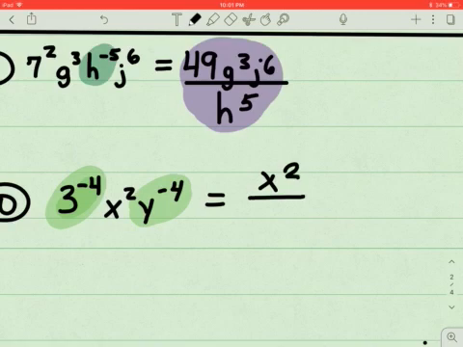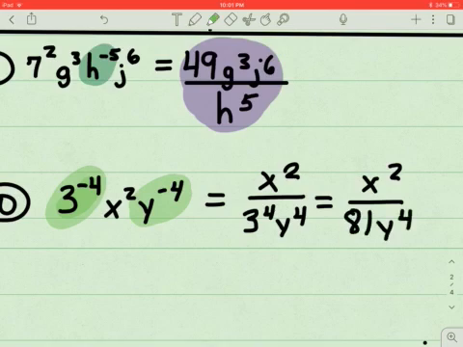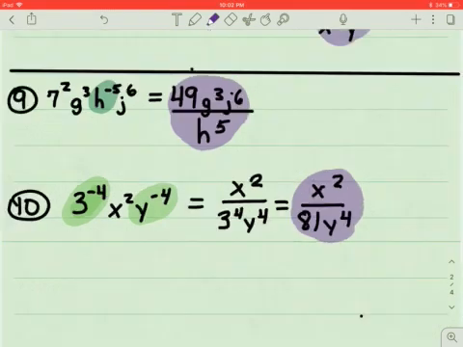Everything else is going to my denominator, so 3 to the fourth, y to the fourth. And the last thing I want you to do to simplify your answer is to rewrite that coefficient as a whole number. And that would leave you with the answer of x squared over 81 y to the fourth. And that would be your answer for that.